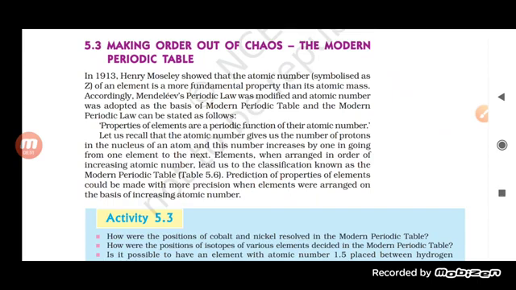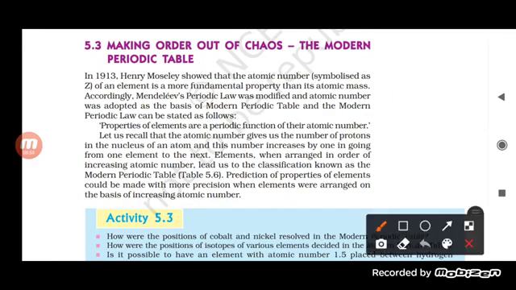Now you can see here it is written: the modern periodic table and the modern periodic law. The modern periodic table was given by Henry Moseley.